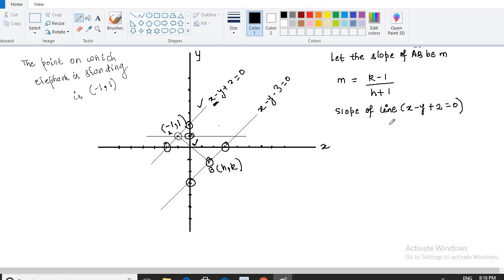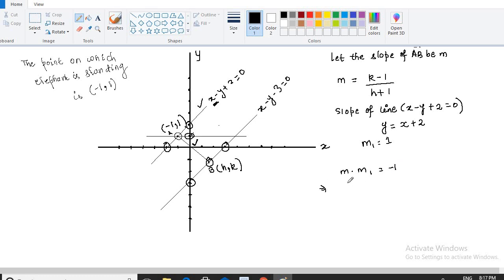Simplify it, you are going to get y is equal to x plus 2. Okay, fine. So here, what is the slope? Let me consider this as n1. This is equal to 1. Now you know that the multiplication of m and n1 will give me minus 1.